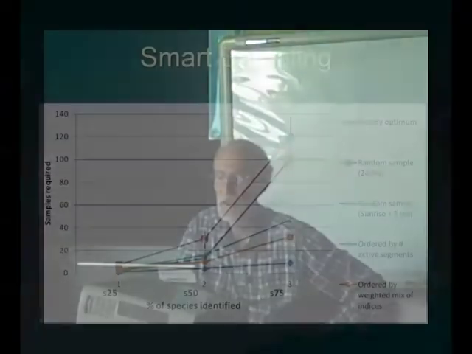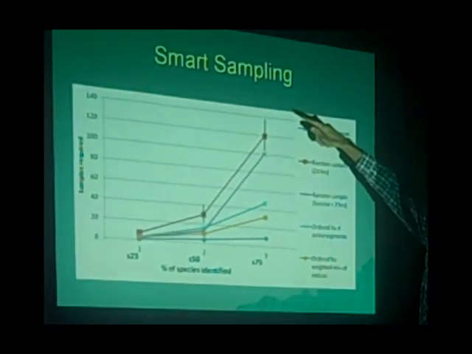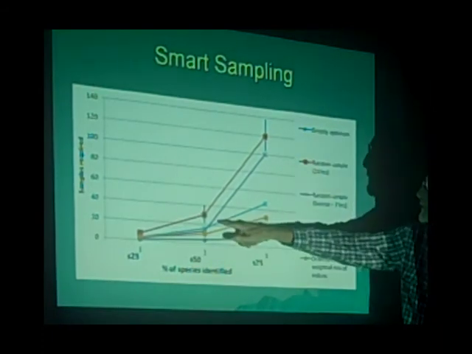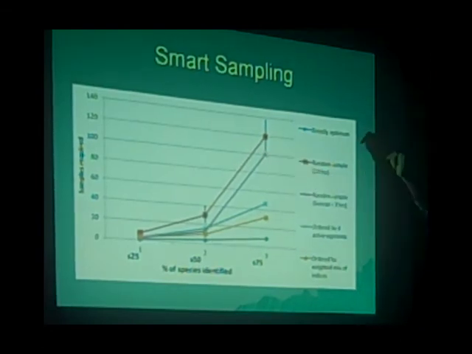And the last graph, I think, essentially the answer is, well, yes, we can do better. So this is the benchmark, random sampling over 24 hours. This is sampling randomly 3 hours after sunrise, and taking just one of the best indices which I found, simply ranking the one-minute samples by the value of that index and sampling in that order.